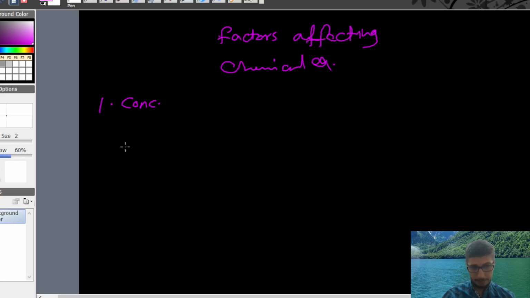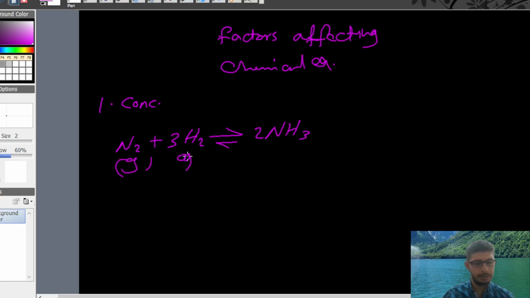For example, if we have nitrogen gas combining with hydrogen gas to give two NH3. This is ammonia, this is gas, and this is gas. This is in the gas phase. So this is a reversible reaction.